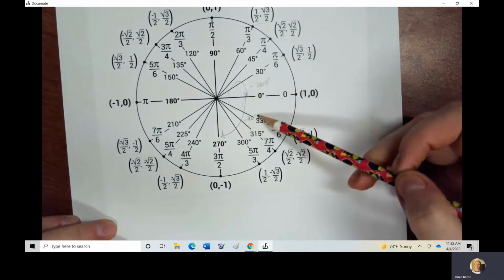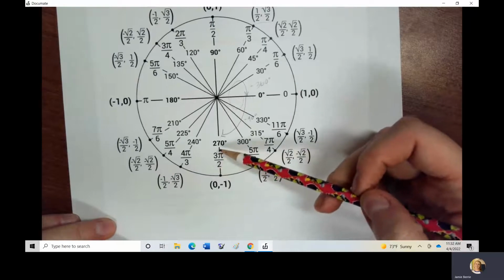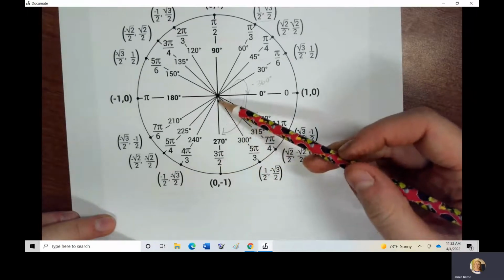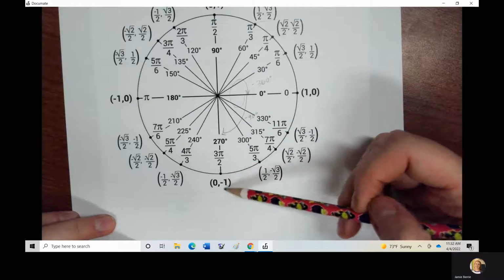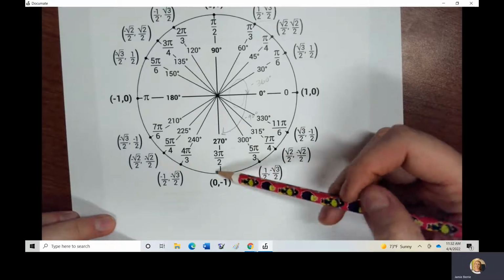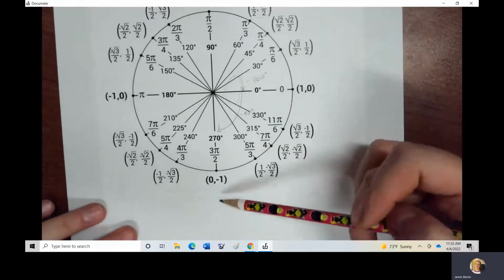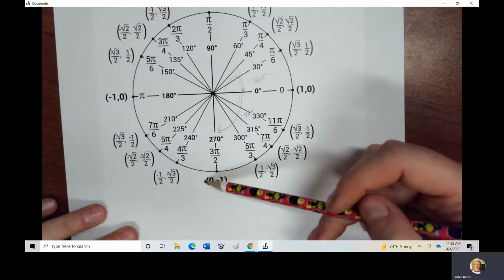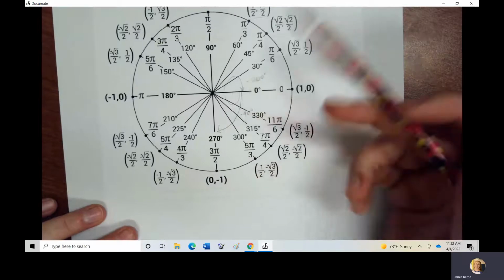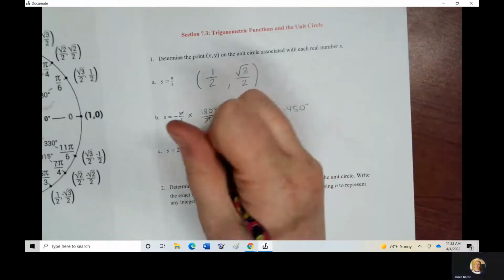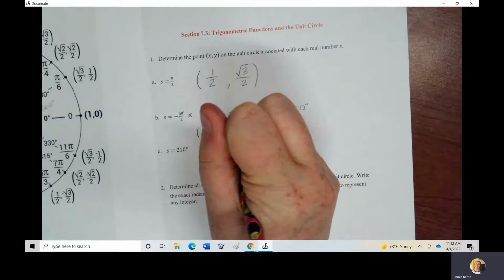Negative 360 plus negative 90 gives you negative 450. So this is the point on the unit circle that corresponds to the angle negative 450 degrees, and that's just 0, negative 1.